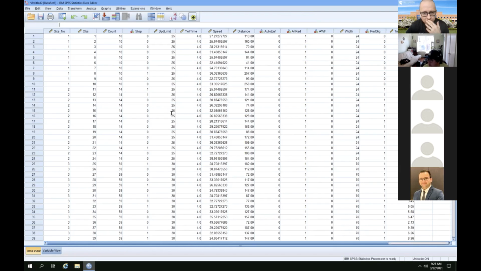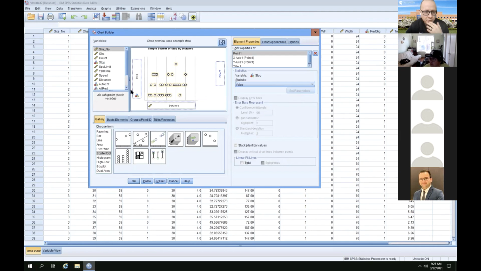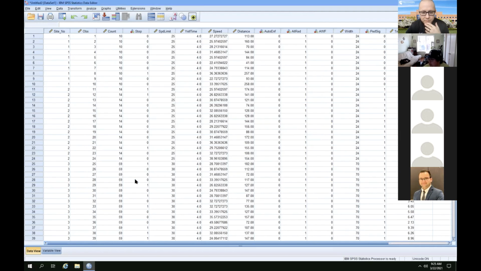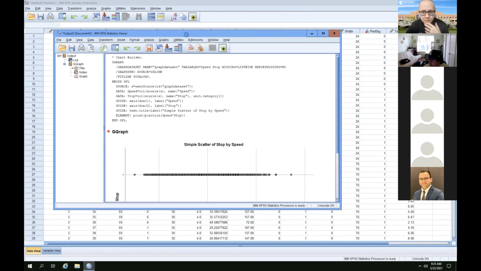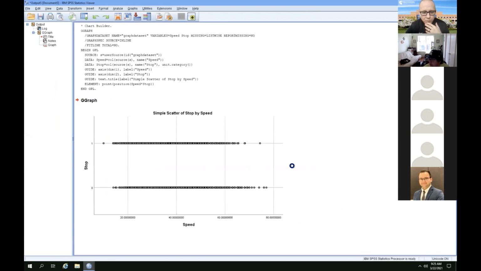Vehicle speed. Yeah, so speed and distance would be the 2 big ones here. And so we'll look at speed likewise, stopping versus the speed at the time the signal changed.